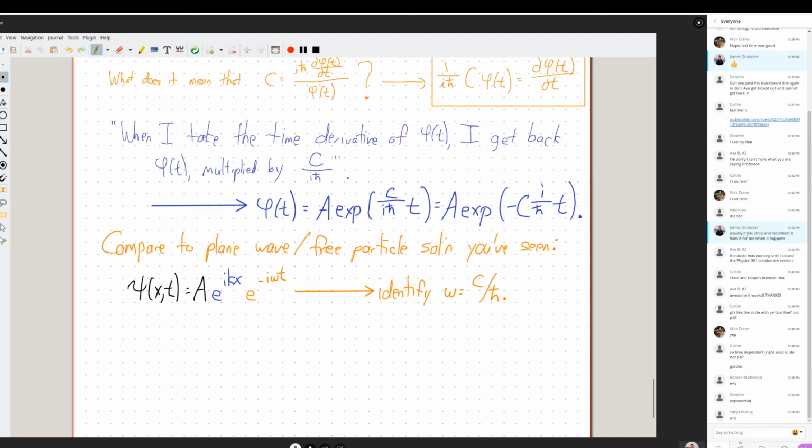But you also know, at least I have it in my notes that you know this, like in what Jack sent me. Please tell me if this isn't something you've done, that for a plane wave, omega is the energy over h bar, which is equivalent to writing energy is h bar omega.